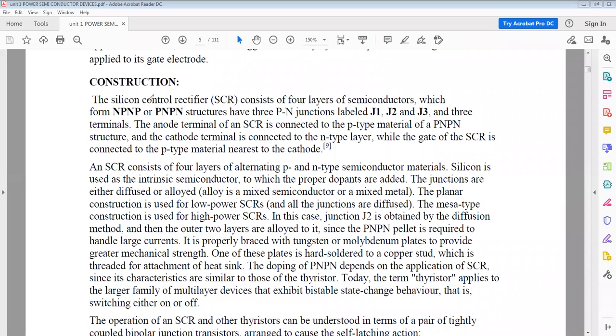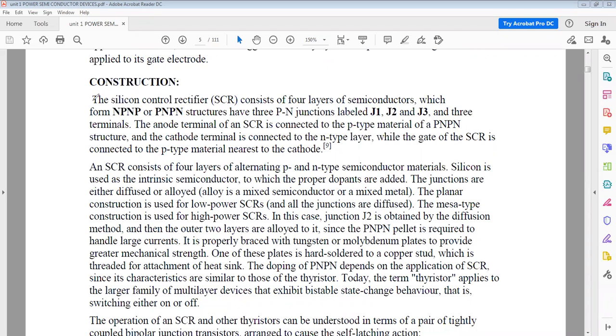Coming to the construction of the SCR, the silicon controlled rectifier comes under the thyristor family. It is a 3 terminal device, and SCR, MOSFET, IGBT and GTO, so many devices come under the thyristor family. Already we discussed in the last video the important devices of the thyristor family.